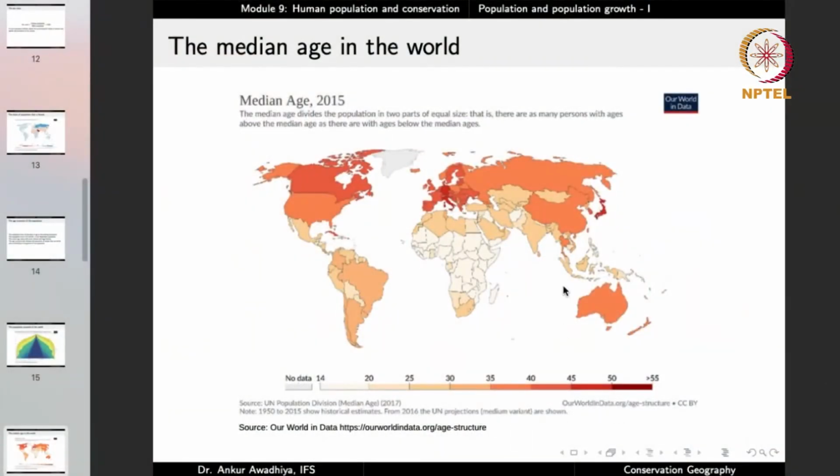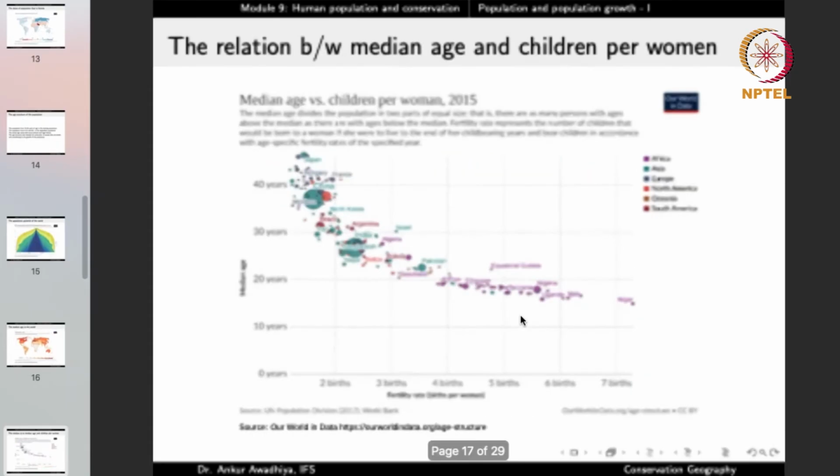So in a large fraction of countries, like in our country, we have a median age between 25 to 30 years. And so we have a youthful population. It is not as old as the Japanese population or as old as the European population, but it is not as young as the African population.